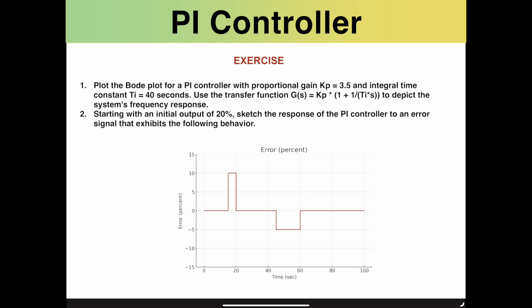Then you need to also consider the output of this PI controller with respect to the given error function in the bottom figure. So consider this as the input error and also find out what is the output of the PI controller.